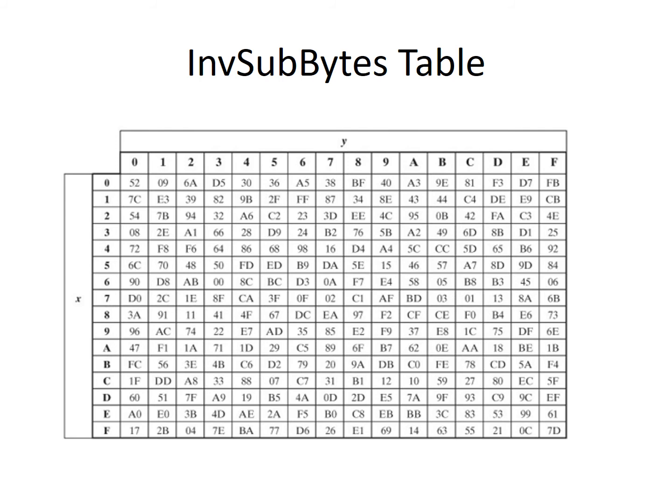Same D4 I am taking: row D, column 4. Look at this: row D and column 4. What am I getting? I am getting the value 19 back. So in the decryption part, I apply the inverse substitution bytes table so that I get the plaintext back.